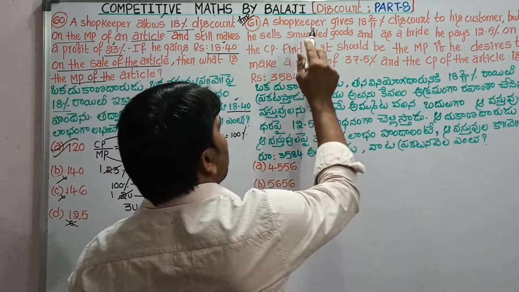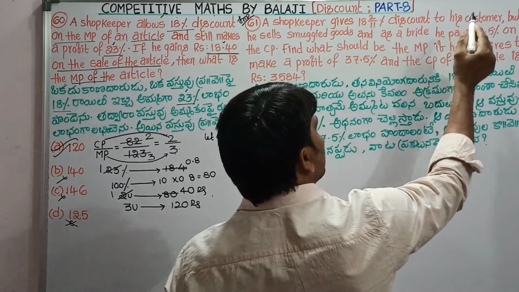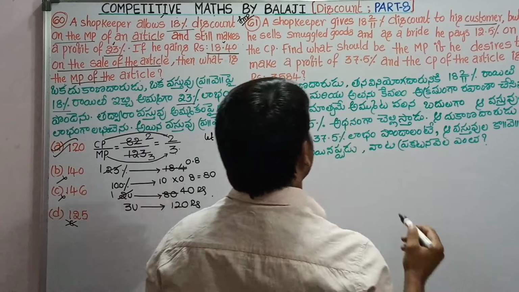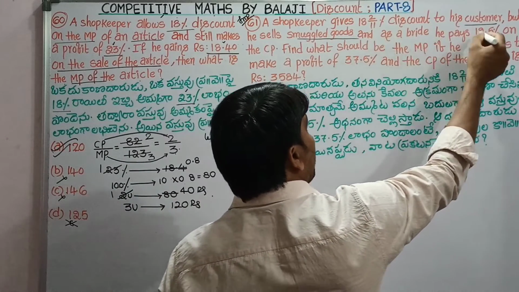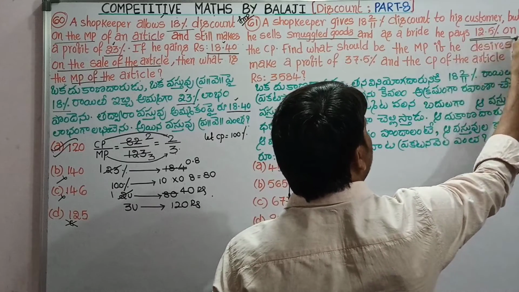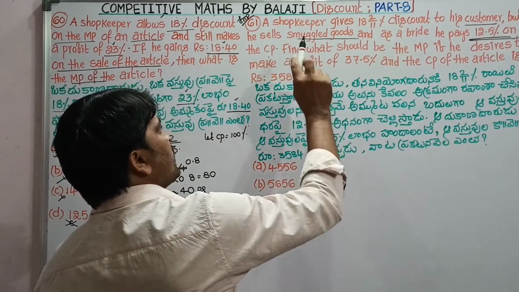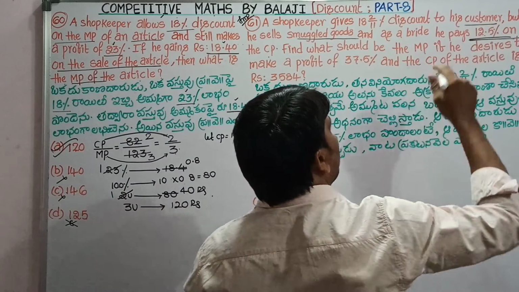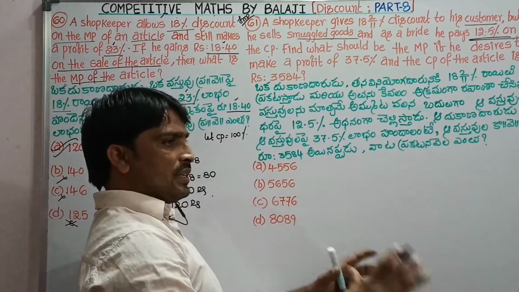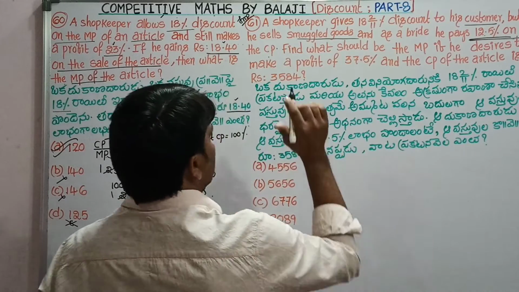61. A shopkeeper gives 18 whole 2/11% discount to his customer, but he sells smuggled goods, and as a bribe he pays 12.5% on CP. Due to selling smuggled goods, he has to pay as a bribe 12.5% to persons like the department or someone else.